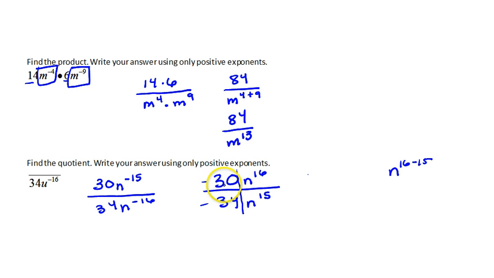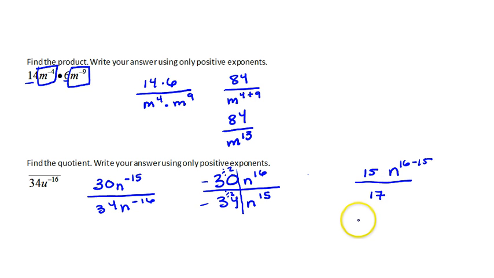Here, I can divide both 30 and 34 by 2. And I'll get 2 goes into 30 15 times. 2 goes into 34 17 times.